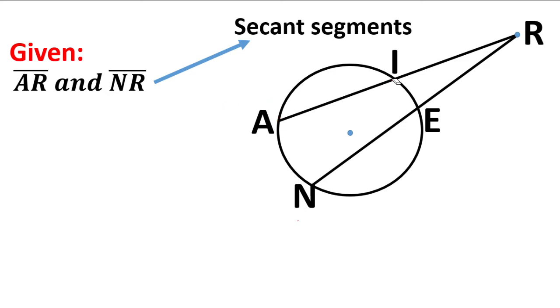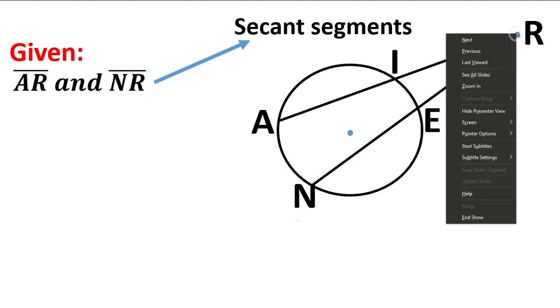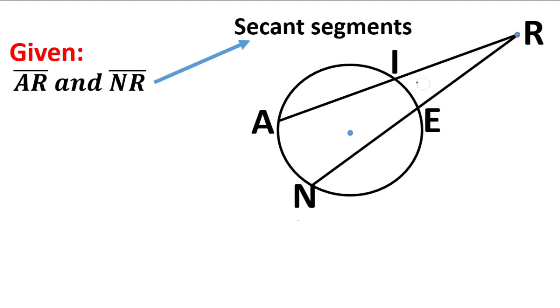Now, sabi dun sa theorem, if two secant segments are drawn to a circle from an exterior point, which is point R, then the product of the lengths of one secant segment, so yung sukat ni AR, times sa sukat ng external secant segment.